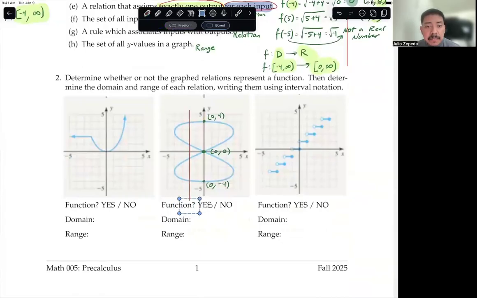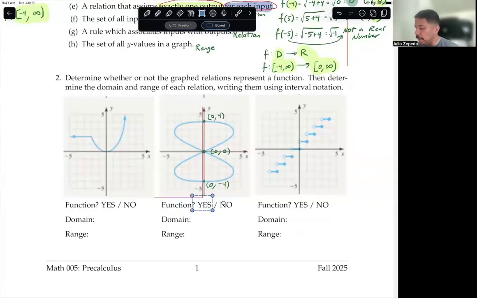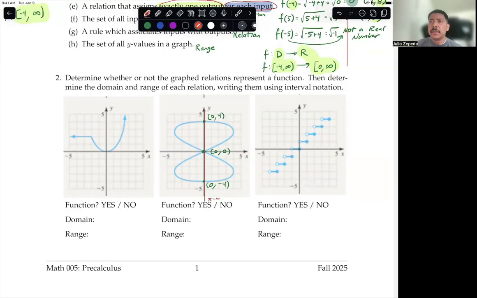This vertical line here would also show that this is not a function, but I'll use the one at x equals 0. At x equals 0, that vertical line crosses the graph 3 times, it looks like. And since the vertical line crosses more than once, it is not a function.